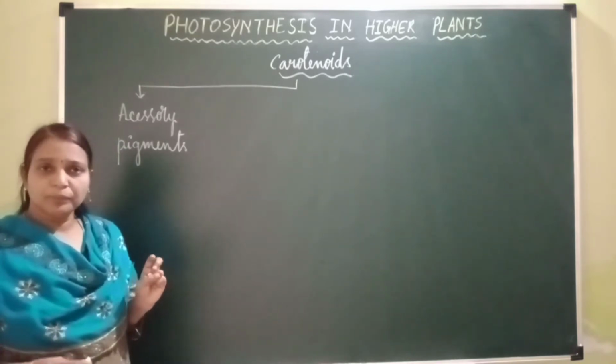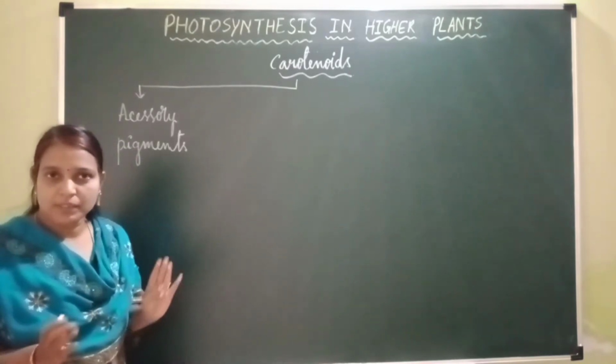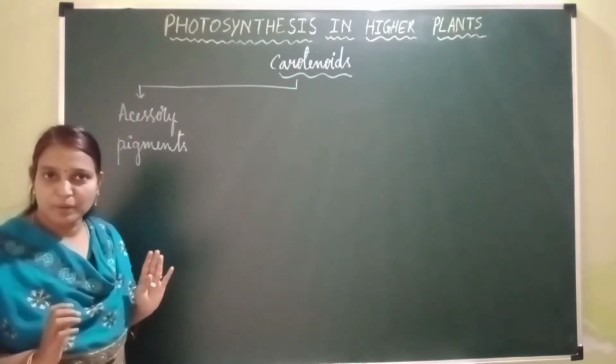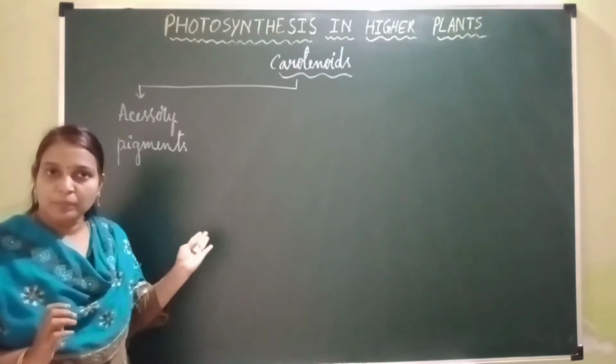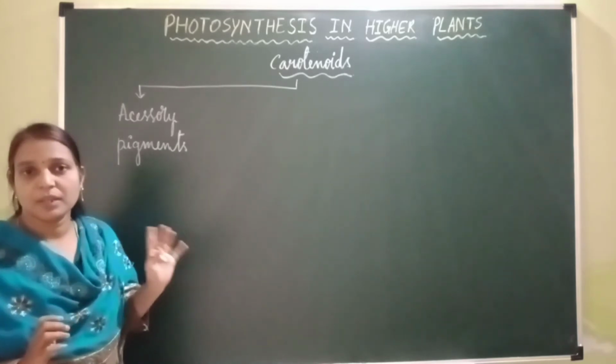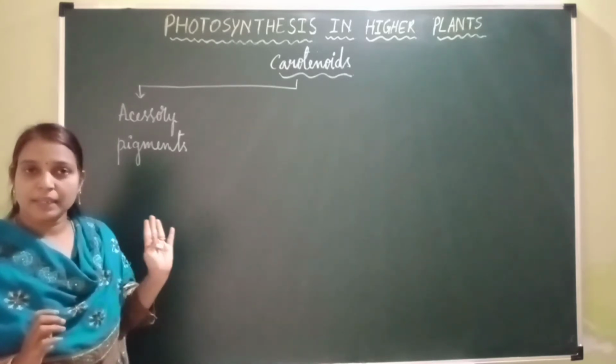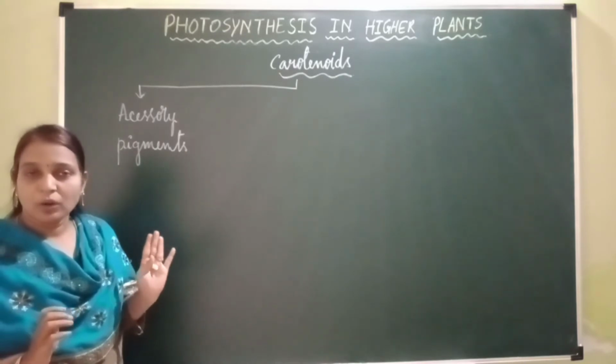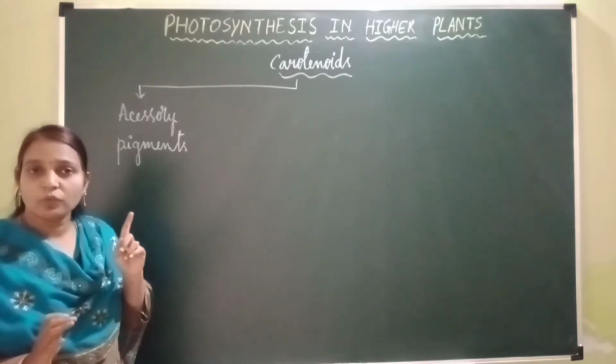What type of photosynthetic pigments are present in higher plants, in thylakoid membranes? Chlorophyll pigments and carotenoid pigments. Chlorophyll pigments are chlorophyll A and B. Carotenoid pigments are carotenes and xanthophylls.